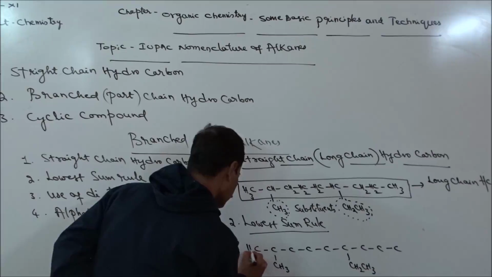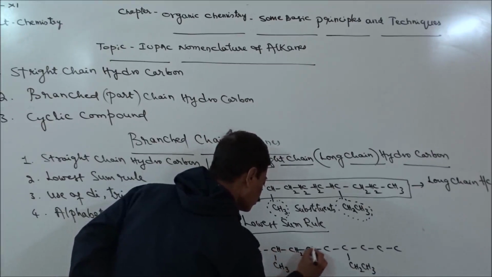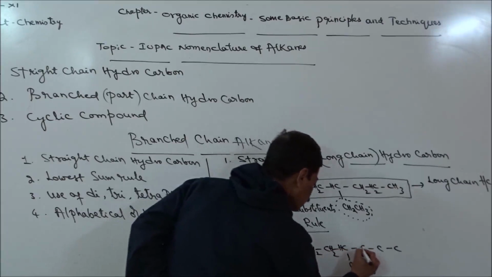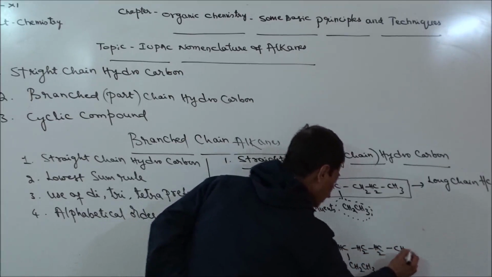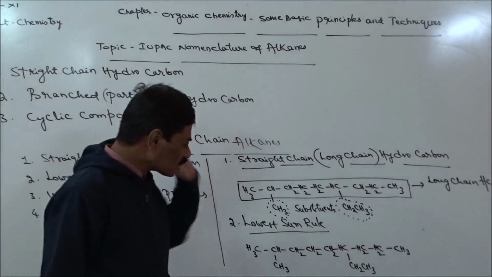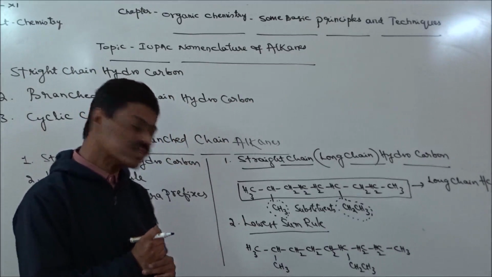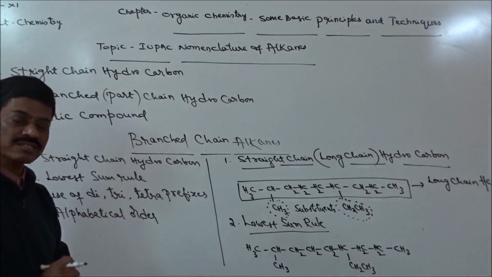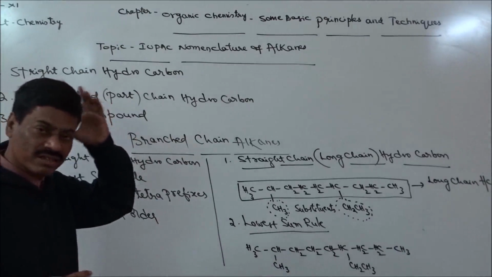And we will add hydrogen atoms to satisfy valency of each carbon atom. Once a structure of this type is given to us, or when the name is given, we will draw the structure. But all these things should be clear. Then only it is possible to draw the structure when the name is given, or write the name when the structure is given.